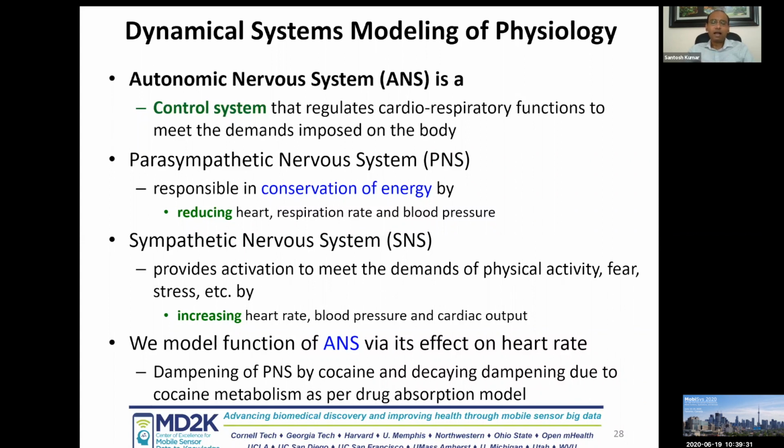And the second part is that the amount of cocaine left in the bloodstream decreases exponentially as per a drug absorption model. So the dampening due to cocaine itself decreases following a dynamical system model. That's what we did to develop a model for cocaine detection.